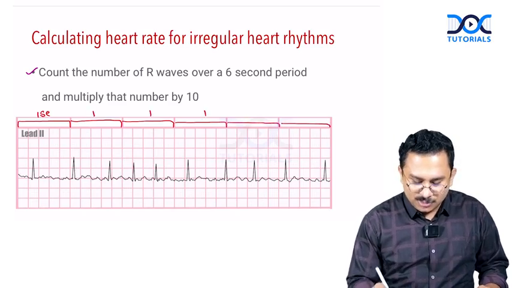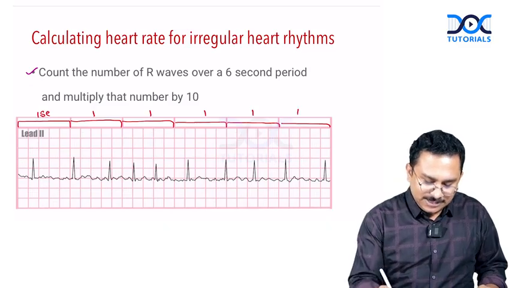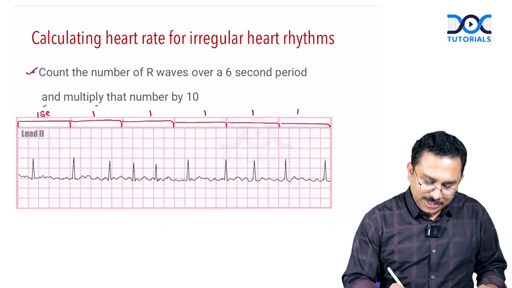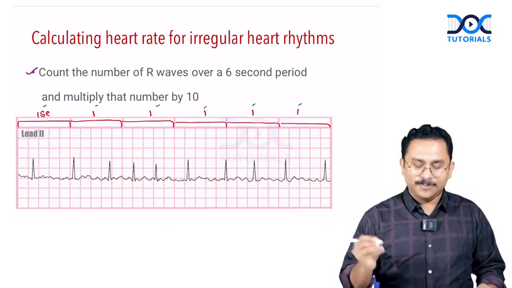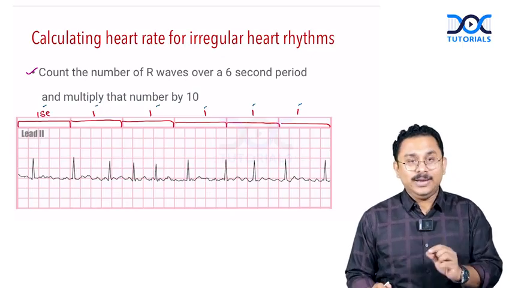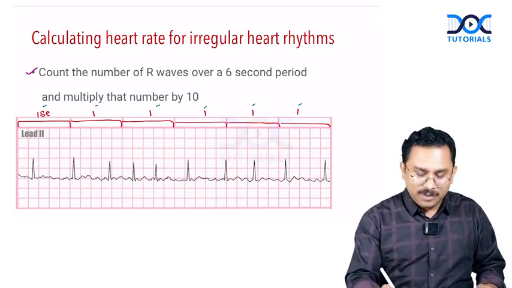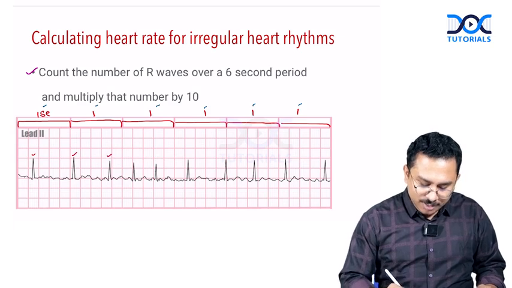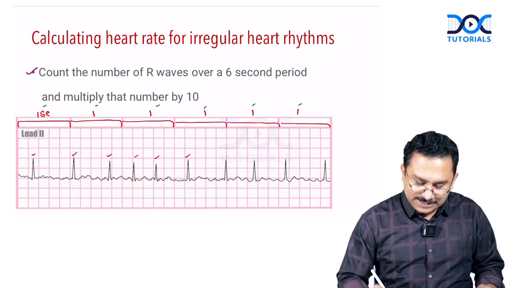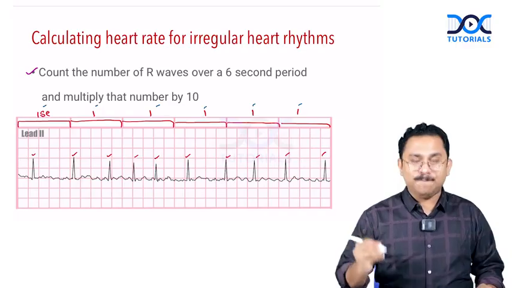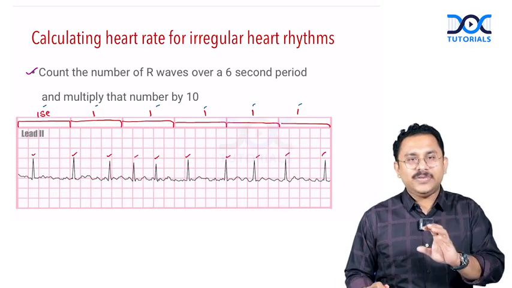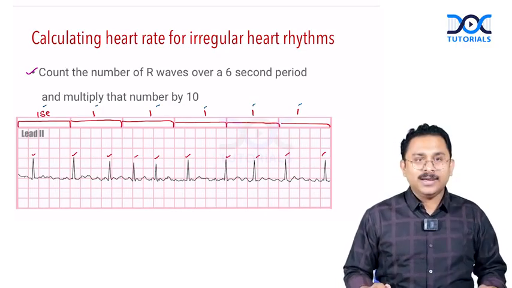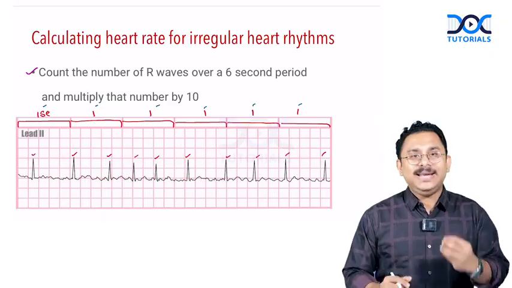Okay, so you see this is 1, 2, 3, 4, 5, 6. So over a 6-second period, you count the number of R waves. So you can see 1, 2, 3, 4, 5, 6, 7, 8, 9, 10, right? There are 10 R waves over a 6-second period. And you have to multiply this by 10.